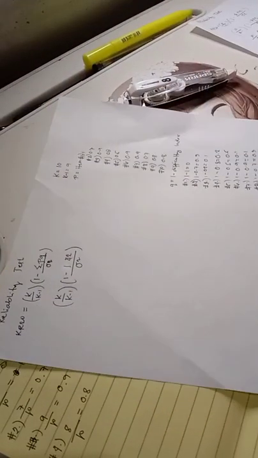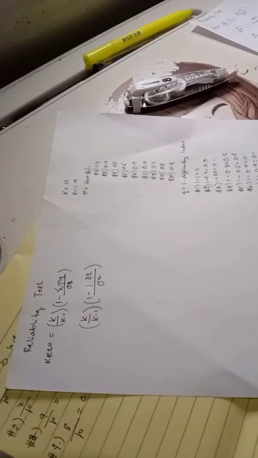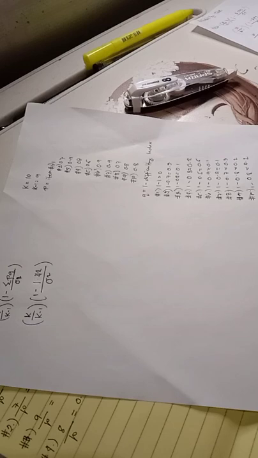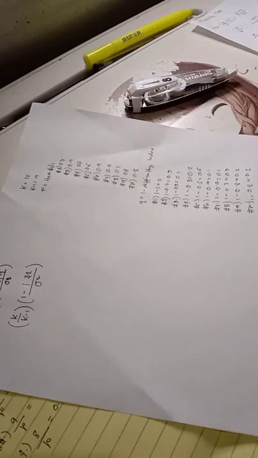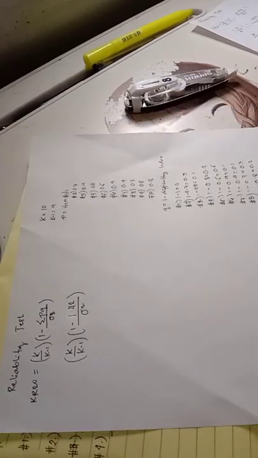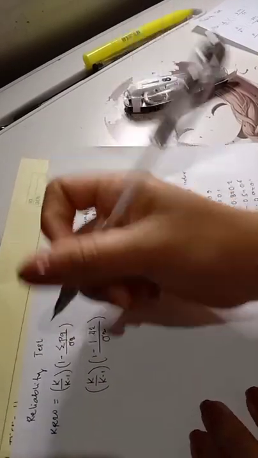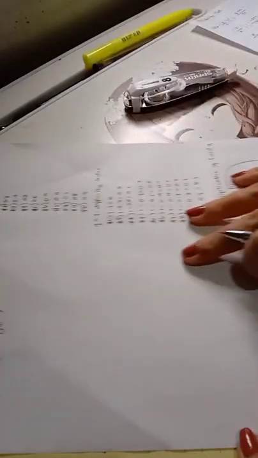Now, let us proceed in getting the variance. Since I do not have the calculator, what I did was I solved it manually. I did how to get the variance in manual solving. So, I have the formula in getting the variance.